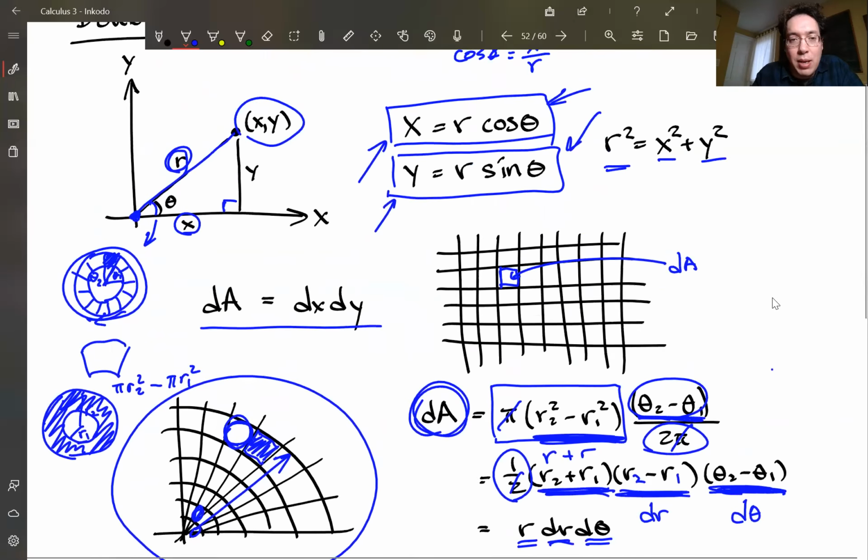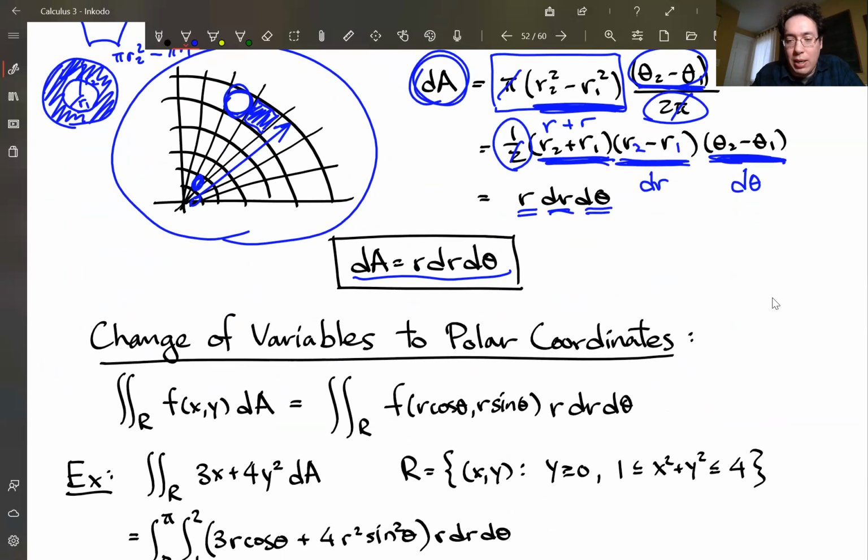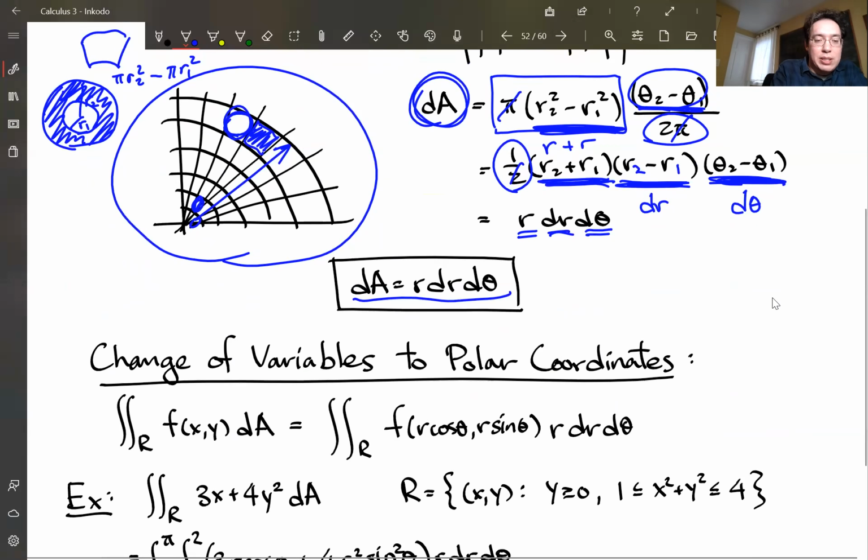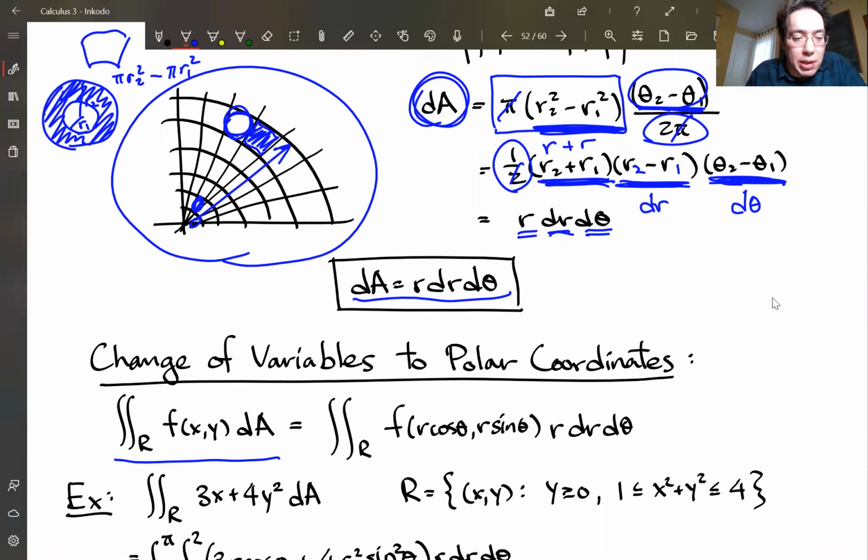Okay. All right. So how does this actually work when you're computing the double integral? Let's say I have the double integral of some function of x and y, and then we're integrating over some region R. Every x is going to be replaced with r cosine theta, and y is going to be replaced with r sine theta.